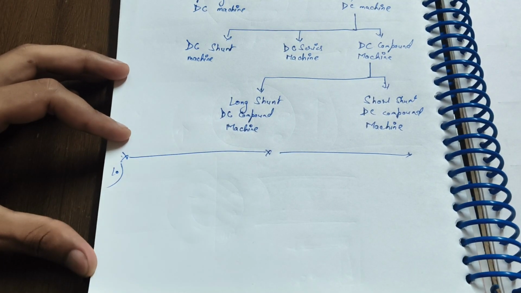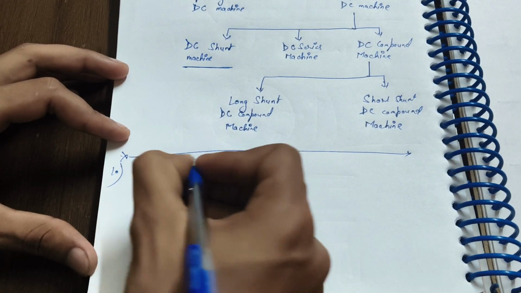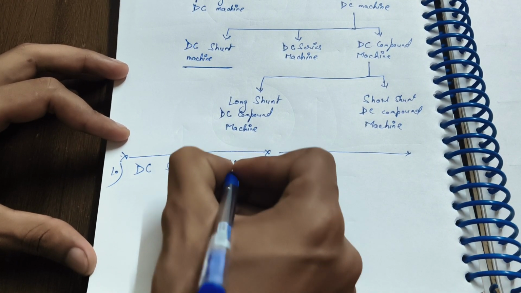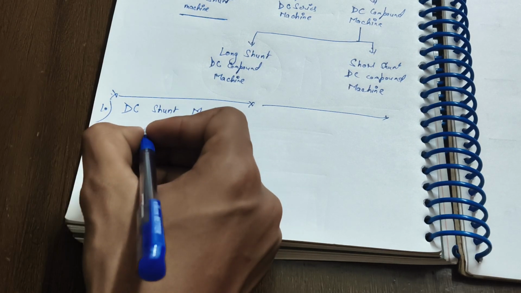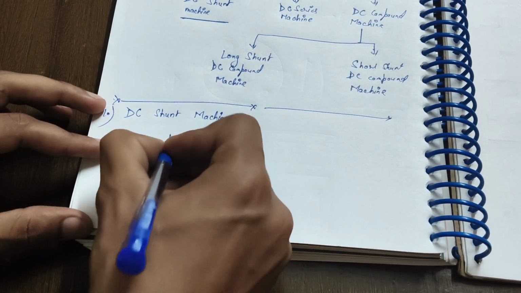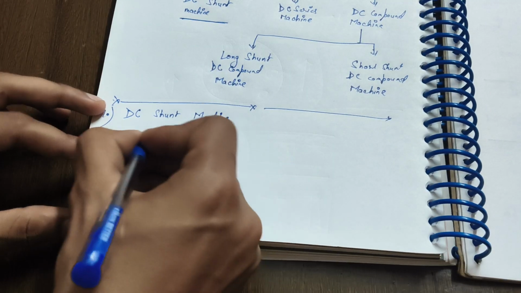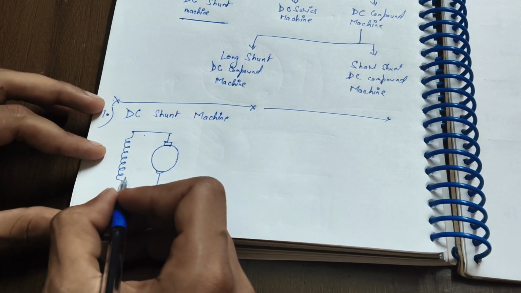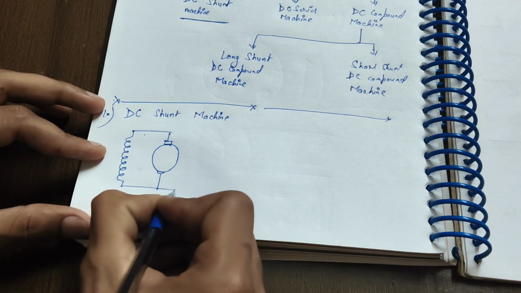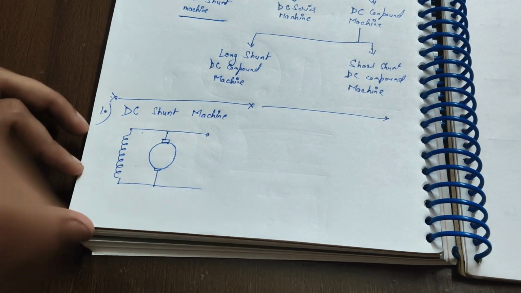First one is the DC shunt machine. Suppose for a generator, this is the armature, this is the field winding. When the field winding is connected in shunt, the resistance of the shunt field winding is much higher than the armature winding.